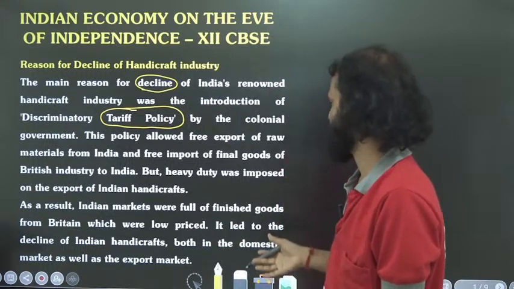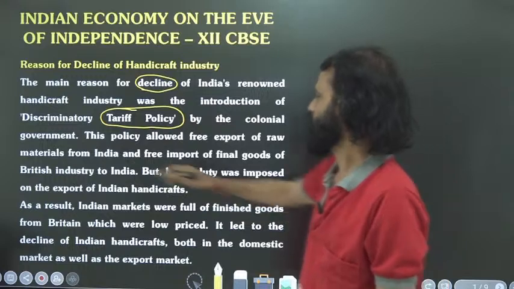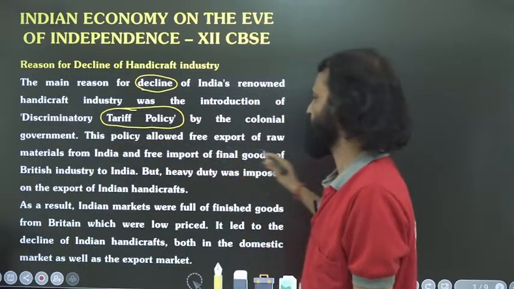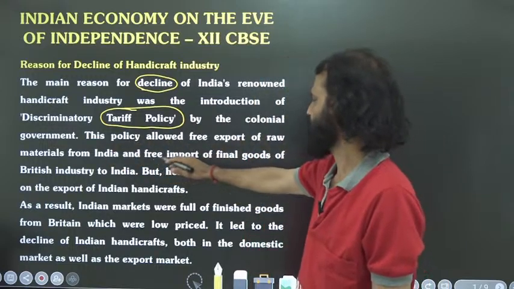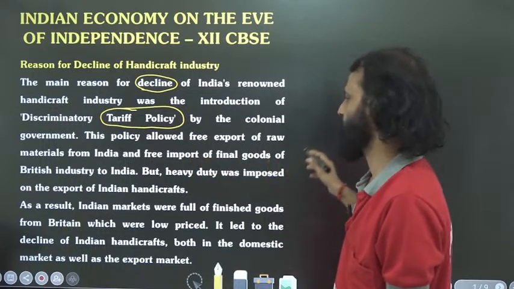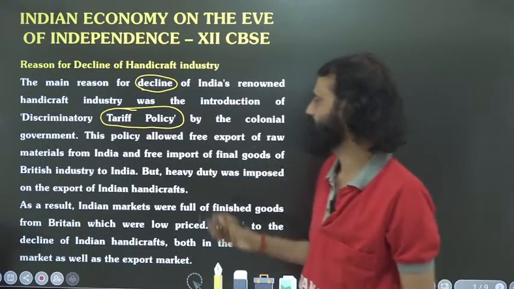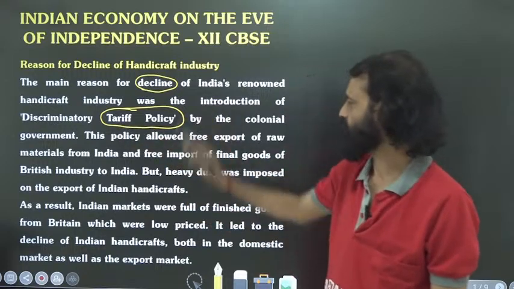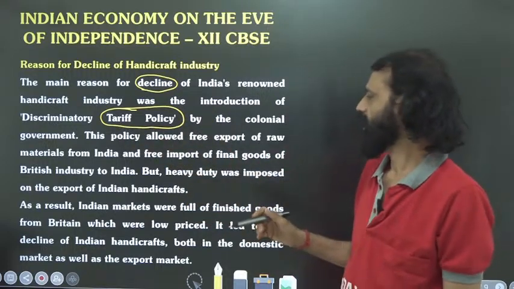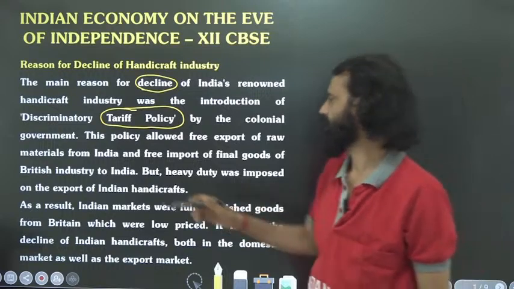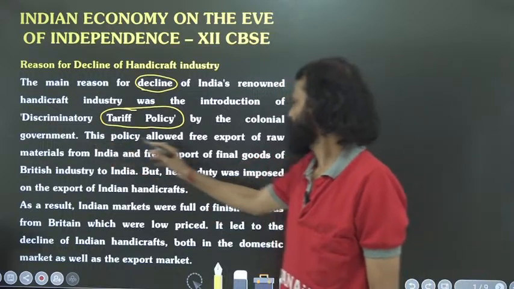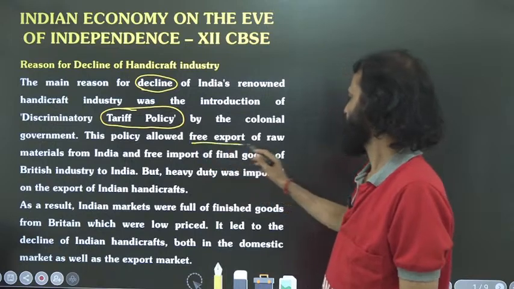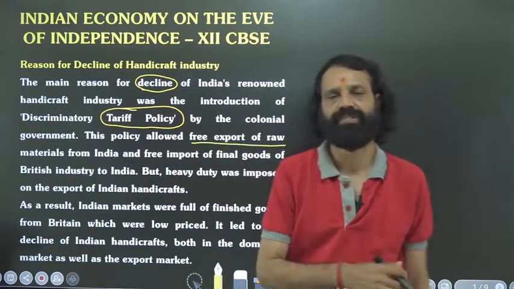handicraft industries. Okay. So, this policy allowed free export of raw materials from India and free import of final goods of British industry to India. Because of their new tariff policy, what happened? They allowed free export of raw materials from India.